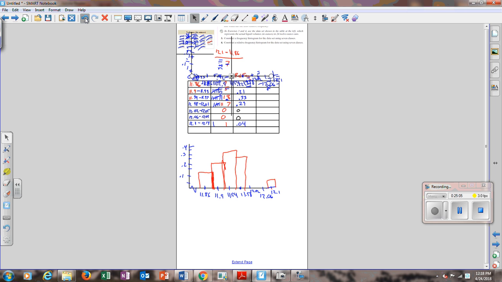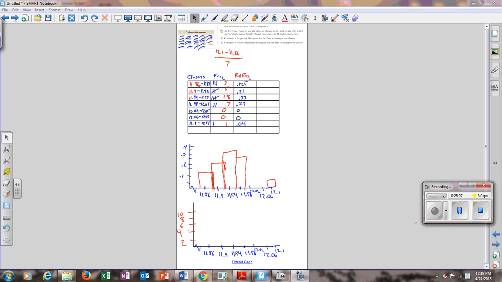This is brutal. Alright, I got everything straightened out. So now we're going to create a regular frequency histogram. Stutter much?